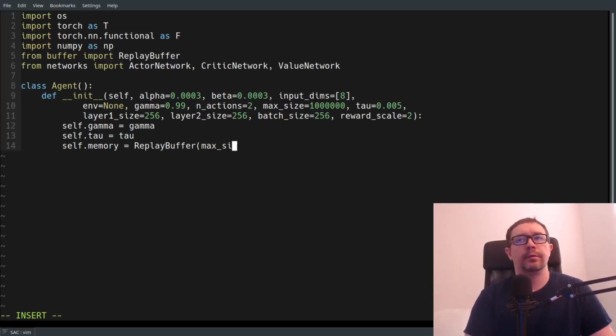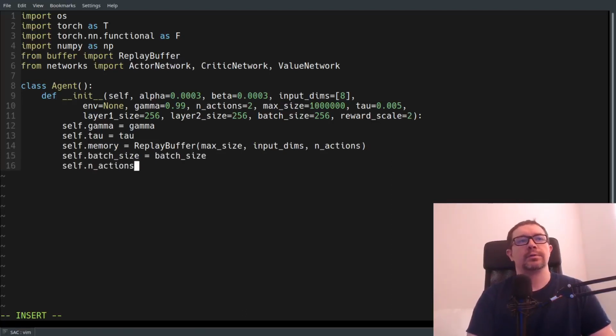Replay buffer, max size, actions. We also need our batch size. We need our n actions, and then we need our networks. So our actor, that's an actor network. And we need alpha and input dims.